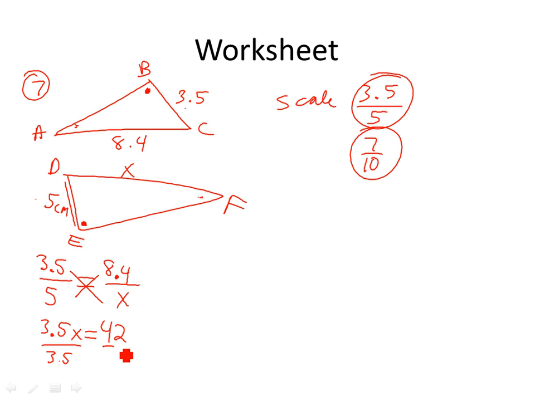Divide by 3.5. Now when we divide by 3.5, we're probably going to come out with a decimal, right? Is it all right to come out with the decimal this time? It comes out even. It's all right to come out with a decimal this time though because we started with decimals. So x equals 12, the scale factor is either one of those. Give me another one.